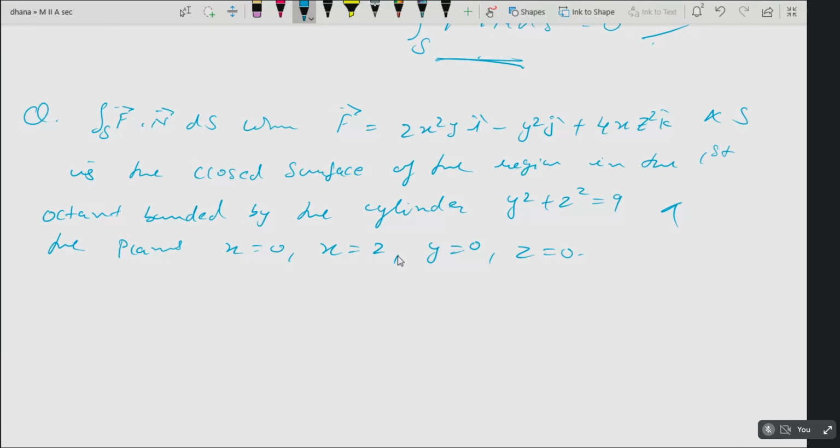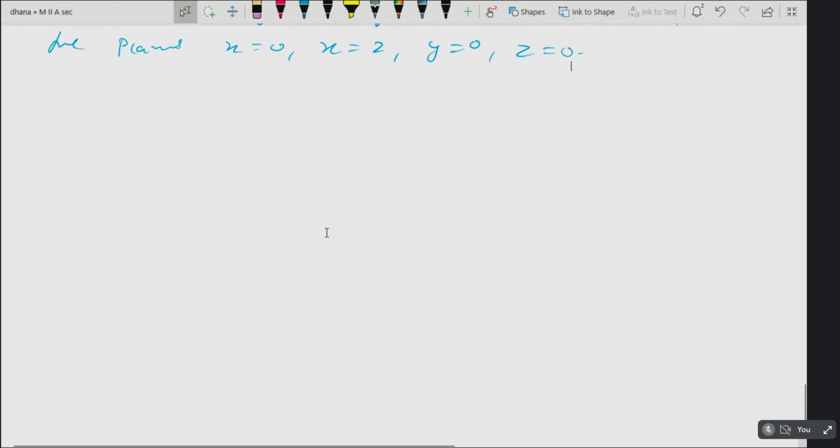Now y square plus z square is equal to 9 is a cylinder whose axis is the x-axis. So this I'm taking y, this I'm taking x, and this I'm taking it as z.